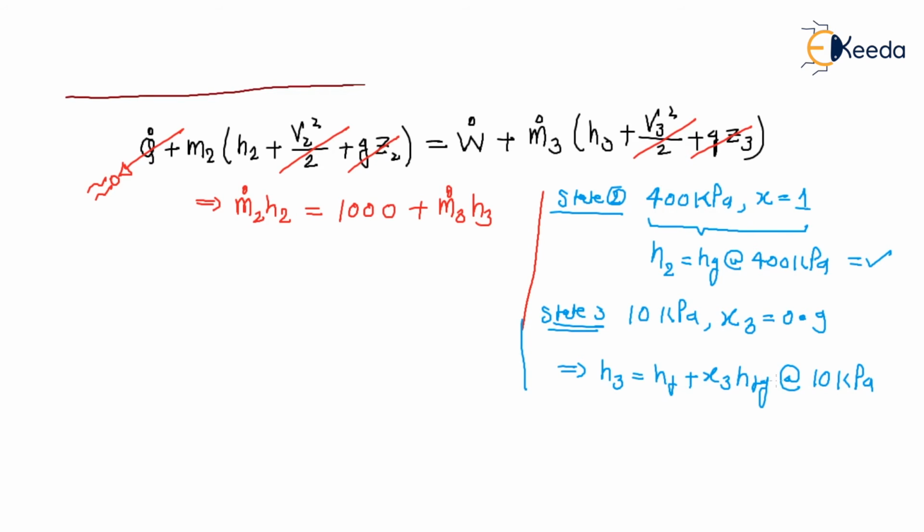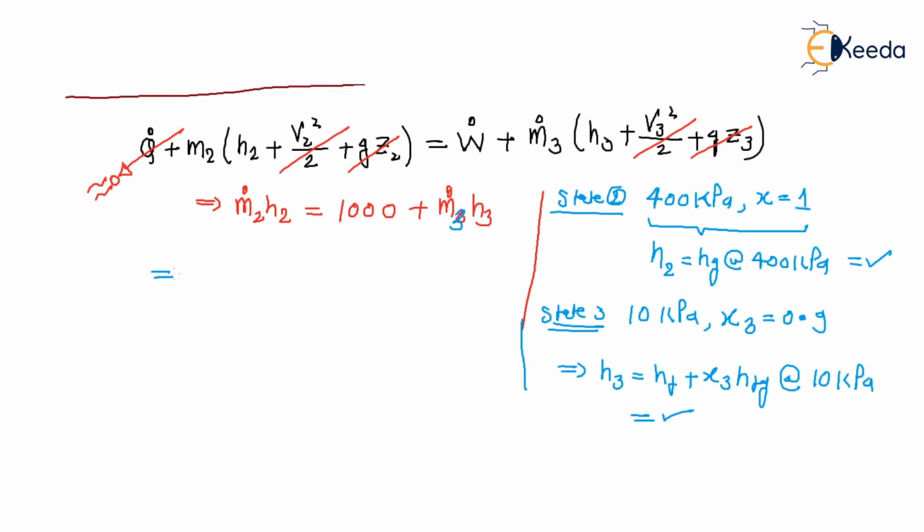So you have 10 kilopascal, and you calculate hf and hfg. So you find h3, and you have h2.